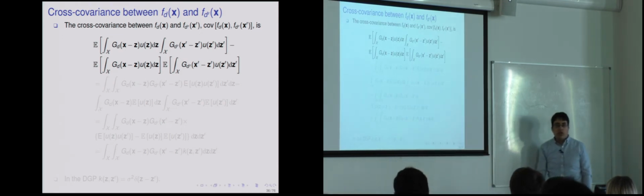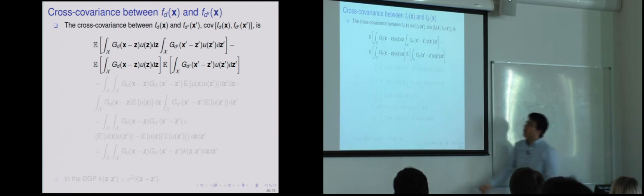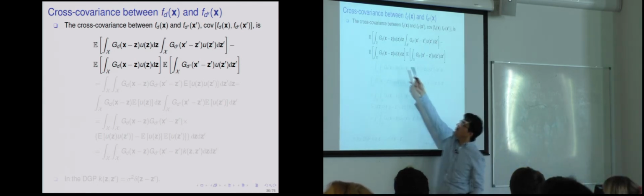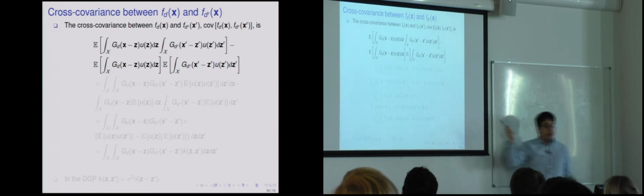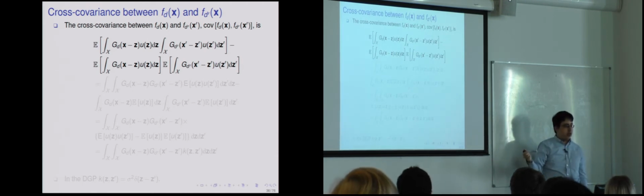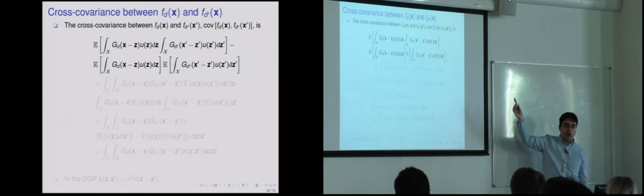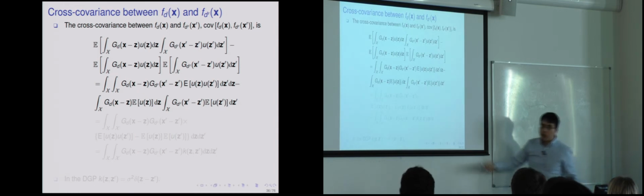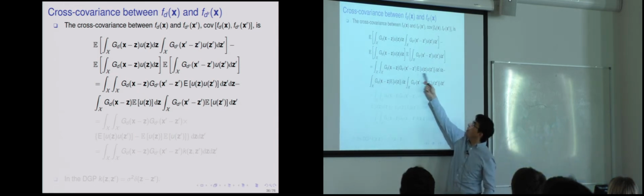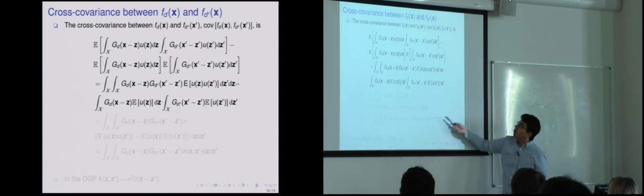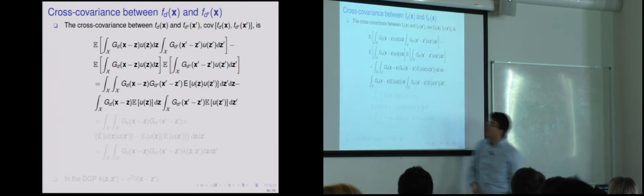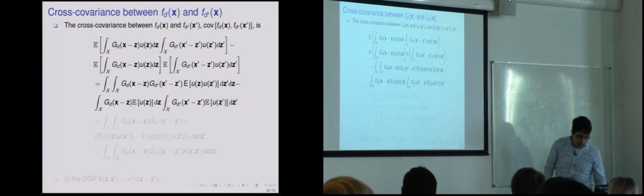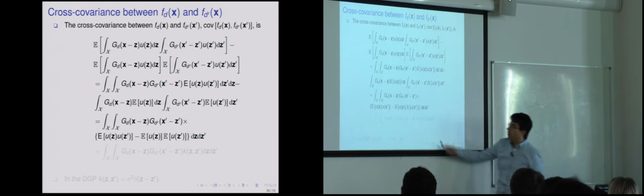What is random in this integral? What is random is the latent process, because g is just a given function. So I can put the expected value inside those integrals, acting over u only, and then I can factorize the integrals, and I get this expression that you see here.